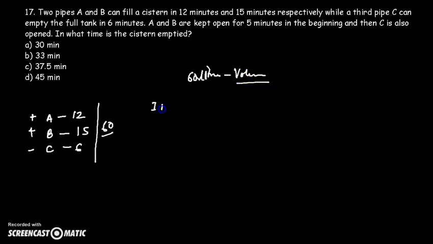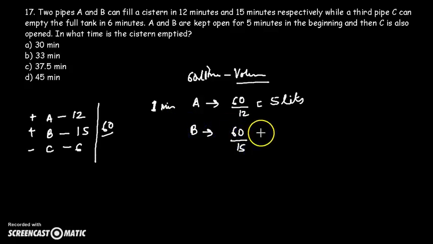Now in 1 minute, A pours in how much? 60 upon 12, 5 liters in 1 minute. B pours in how much? 60 upon 15, 4 liters.